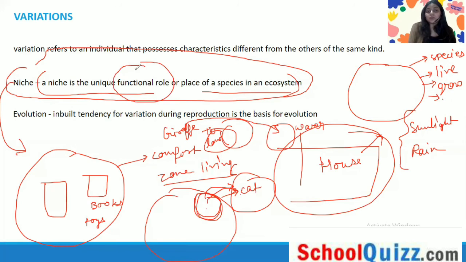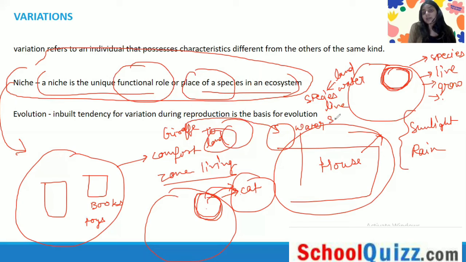A functional role or place of a species means a particular place in an ecosystem, whether it is land or water, where a species, not an organism, not a population, not an individual, can live, survive, grow, and reproduce.